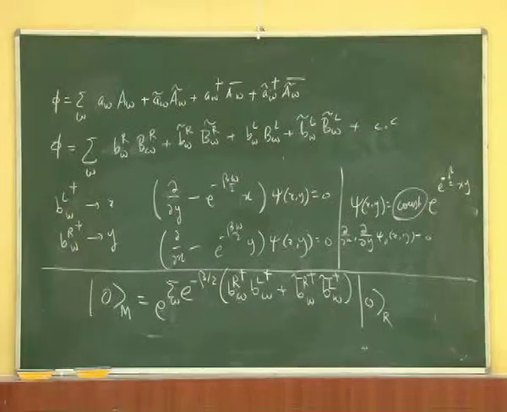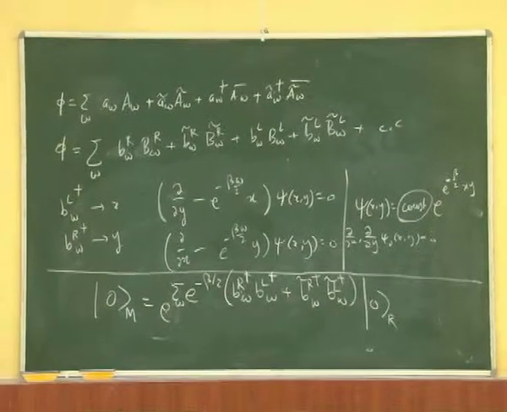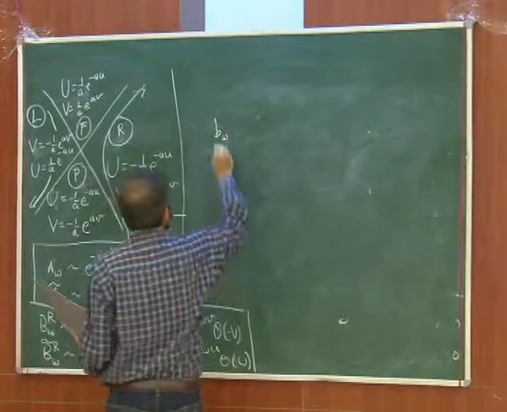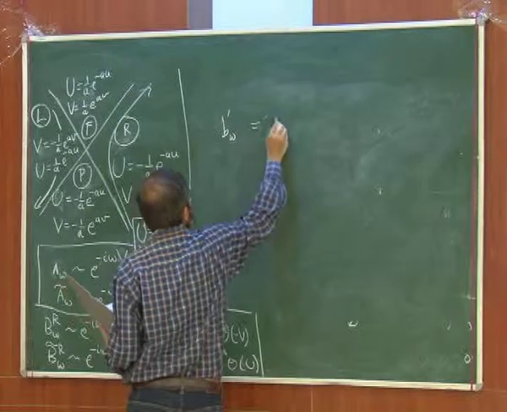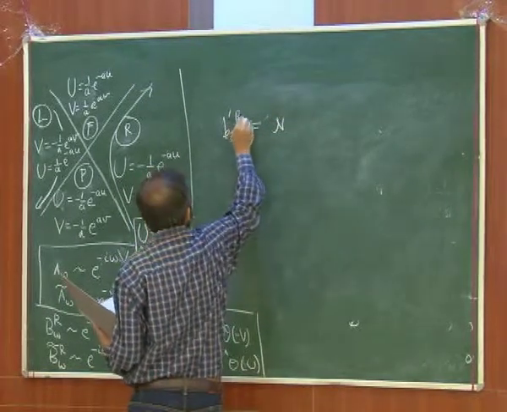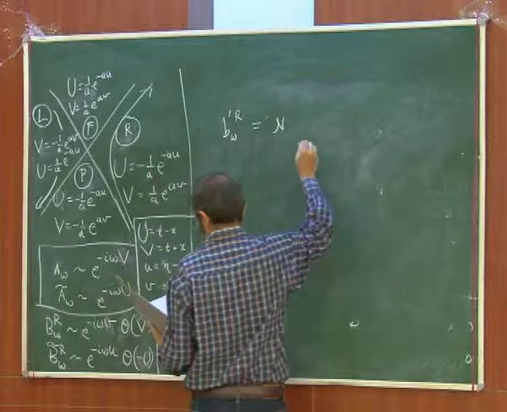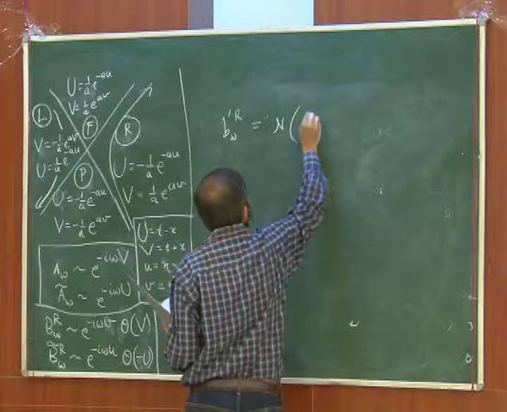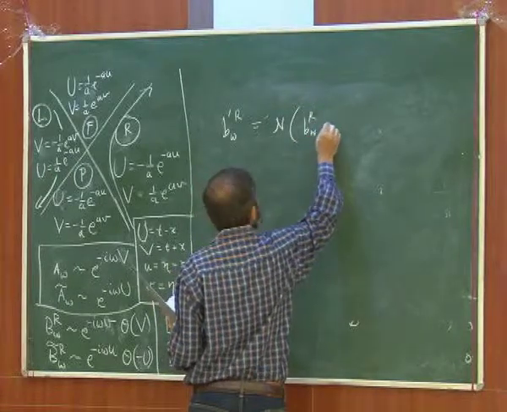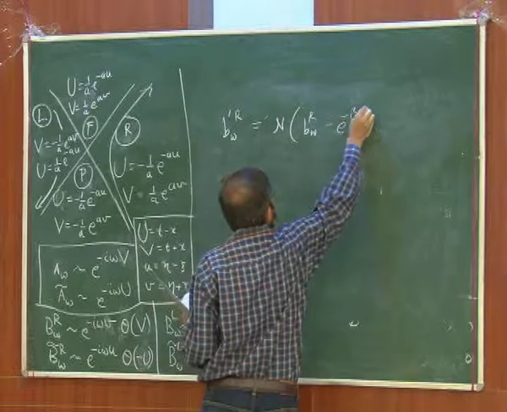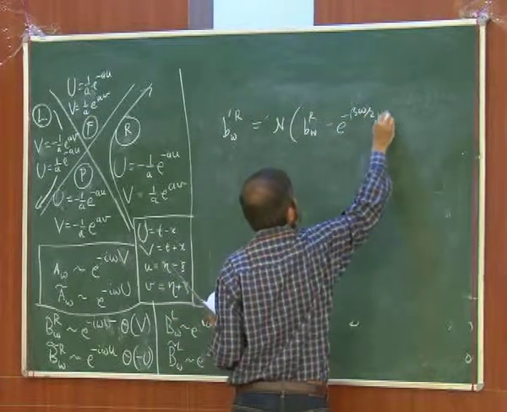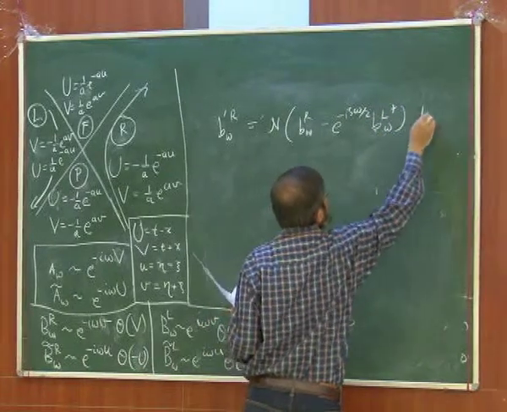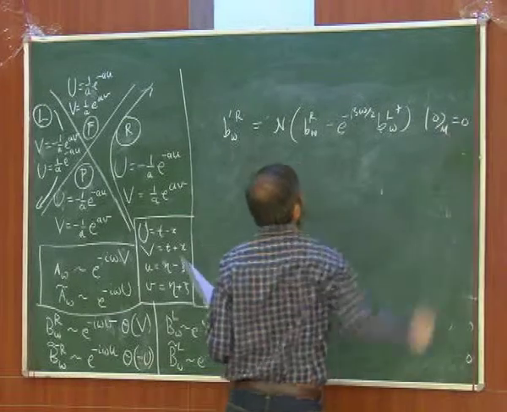Remember that we got this thing, that up to some normalization, the shuffled oscillators, which actually annihilate the Minkowski vacuum, are just given by b_R omega minus, and this annihilates the Minkowski vacuum.